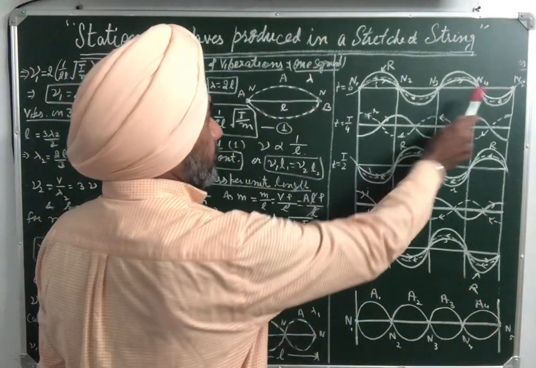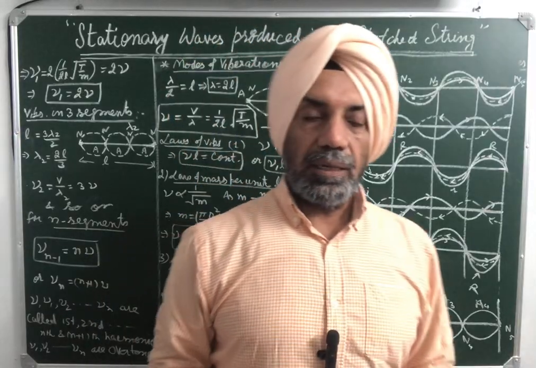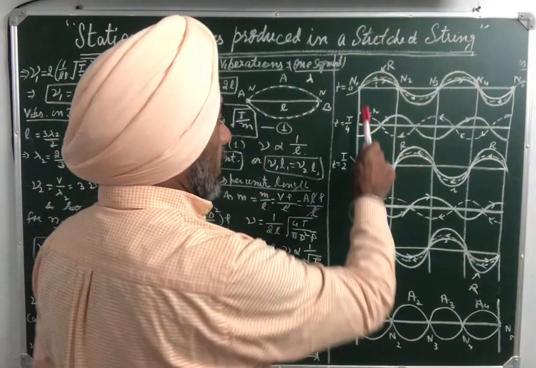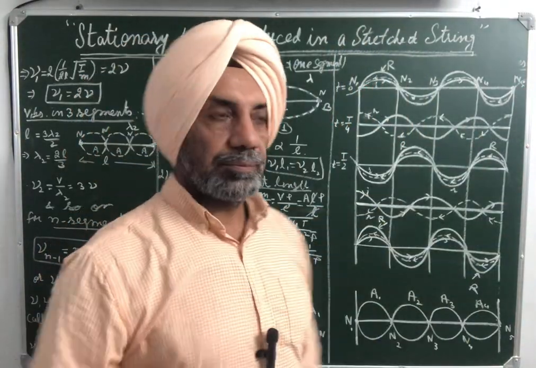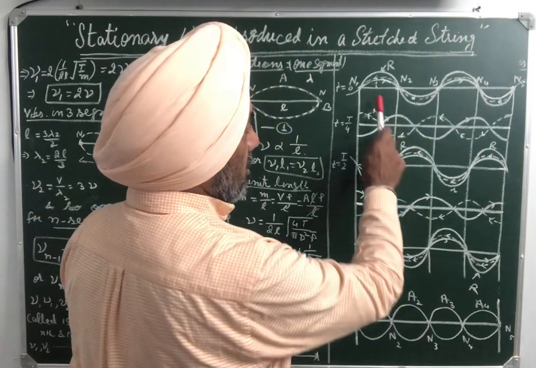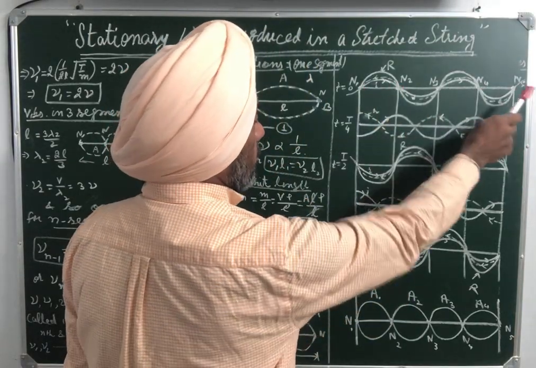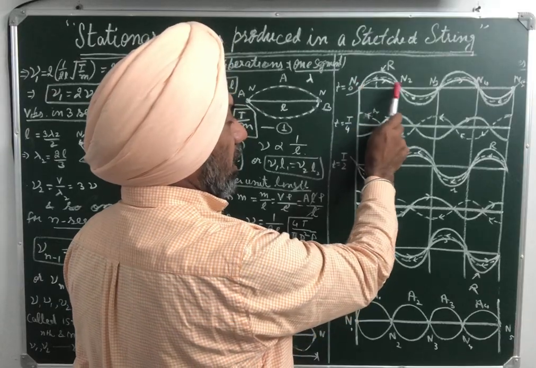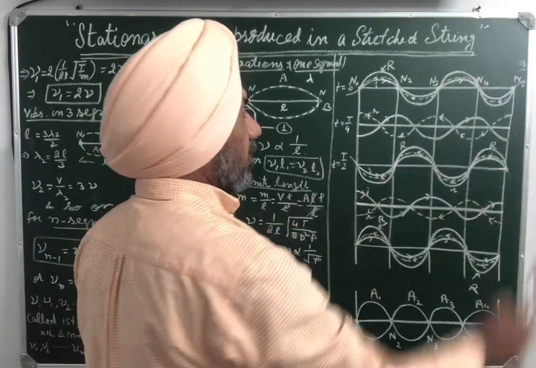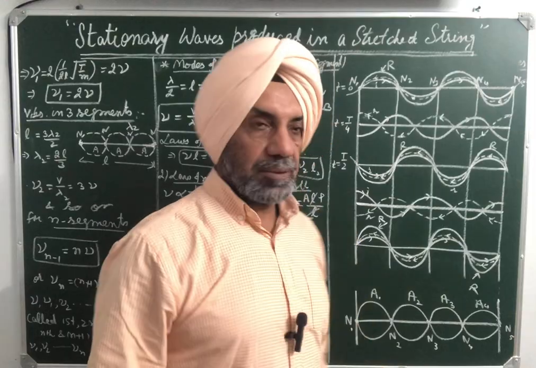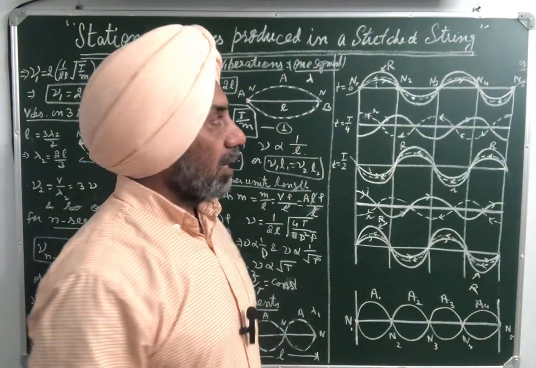Suppose we have a stretched string fixed between 2 points N1 and N5. Now divide this part into 4 parts so that we have N1, N2, N3, N4, N5, 5 points at equal distances.